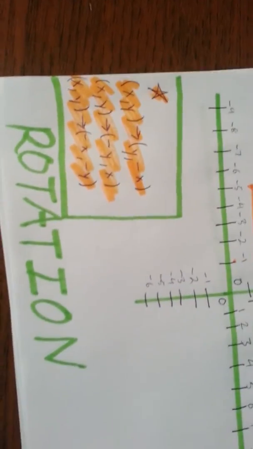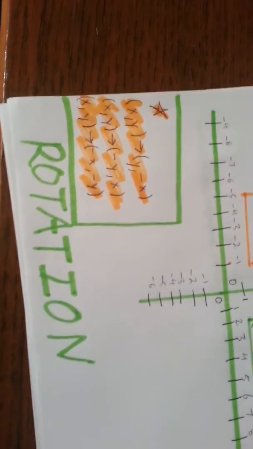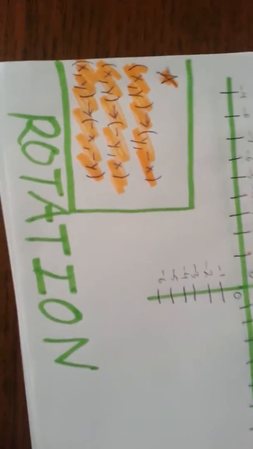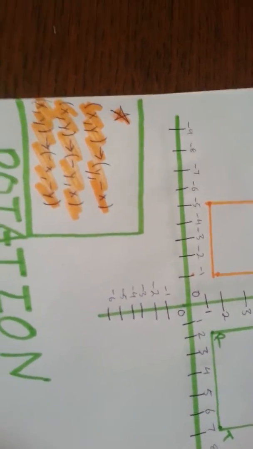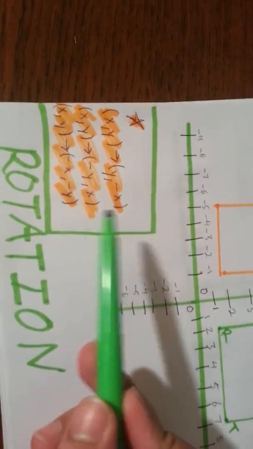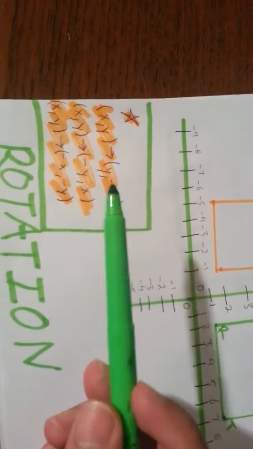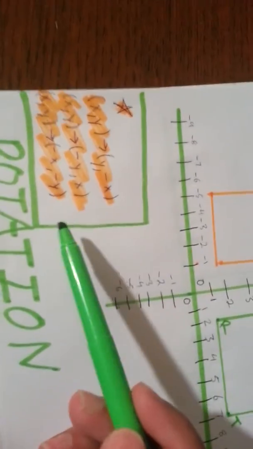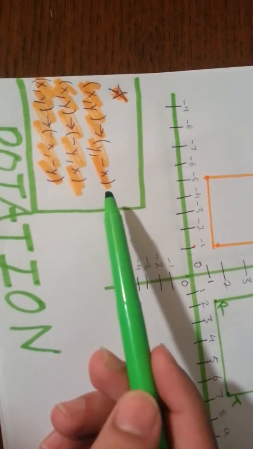And for rotation, you can use 3 ways. You can flip the Y and X and make the X a negative. So the first one, we flipped X and Y and made X a negative.